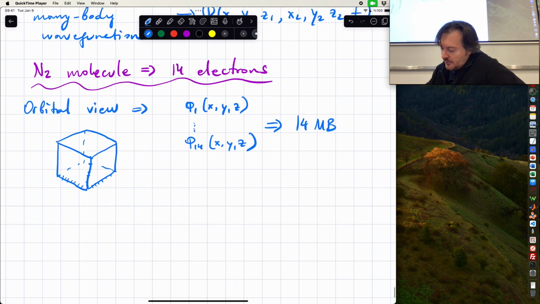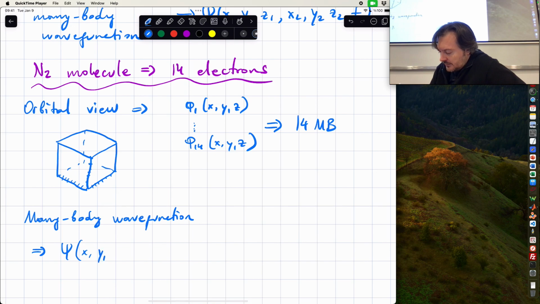Now let's move to the many-body wave function view. Now this beast is composed of x1, y1, z1, dot, dot, dot, up until x14, y14, z14.